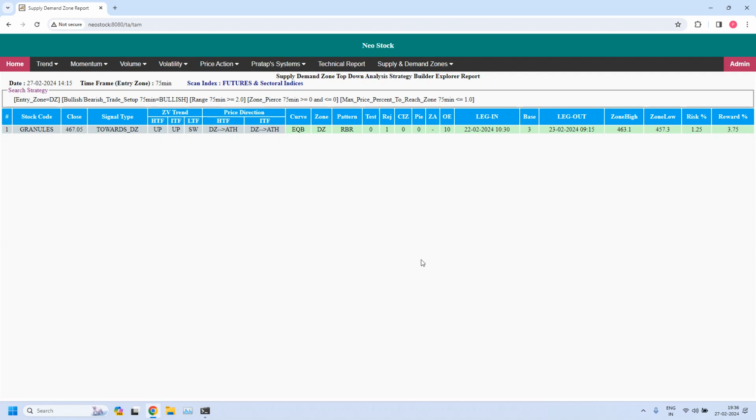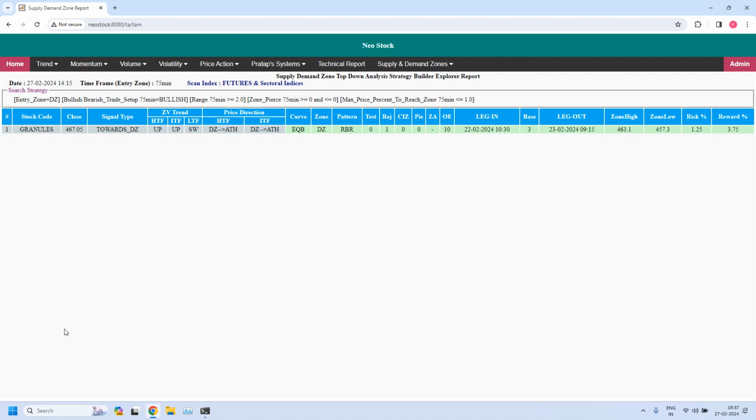Good. So this is within 1% close to the demand zone. Tomorrow, if we get an entry, we can plan a trade in this. But remember, this stock has already given a rejection in the zone. It is not a fresh zone, but rejection is a good thing. Rejection indicates there is a strong order flow.